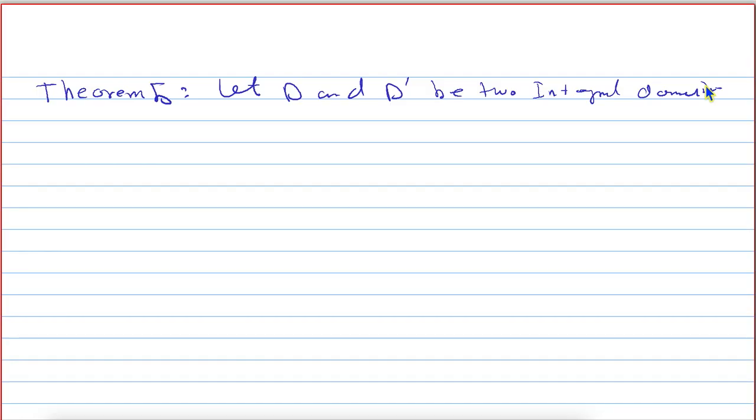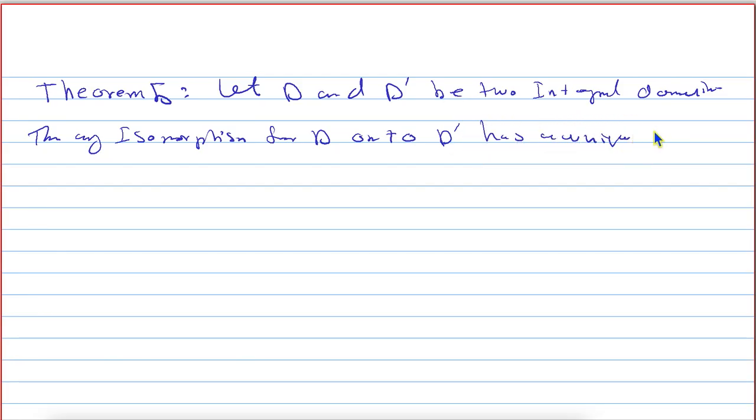Okay, then any isomorphism from D onto D prime has a unique extension to an isomorphism from F sub D to F sub D prime.